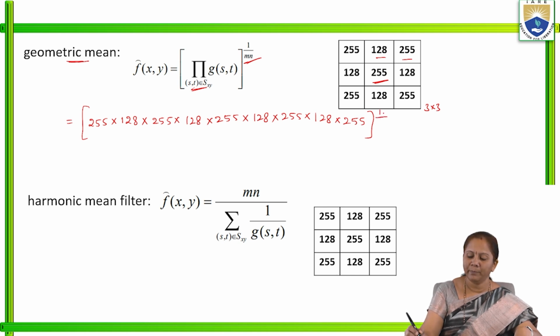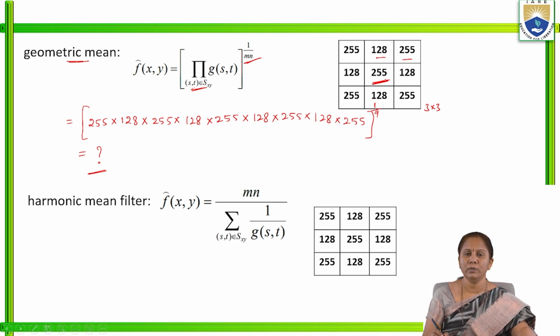Here mn represents rows and columns, so 3 by 3. So the value is power 1 by 9. We have to calculate this value, and the value we get should be replaced in the place of 255.